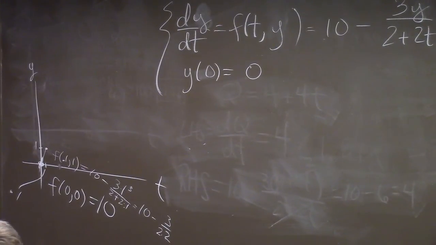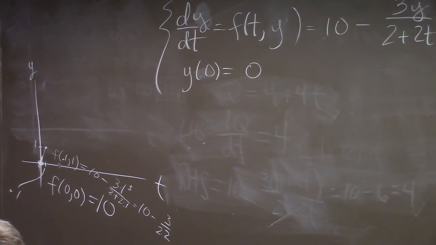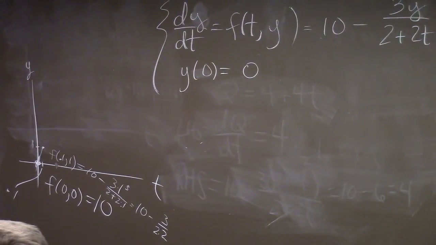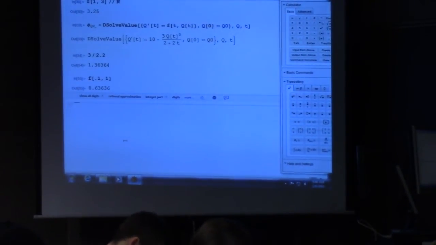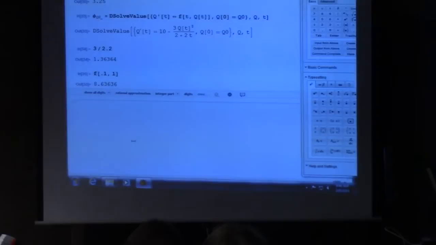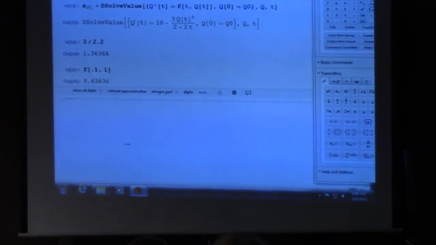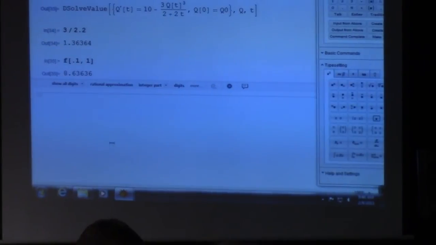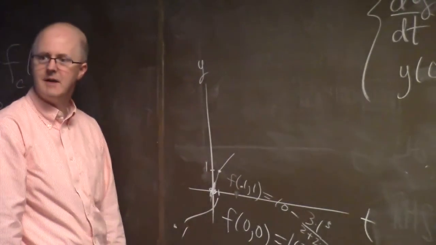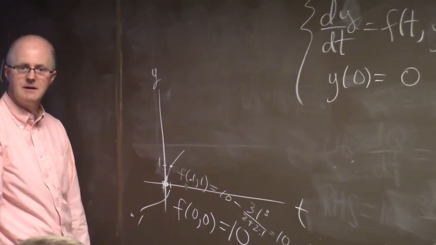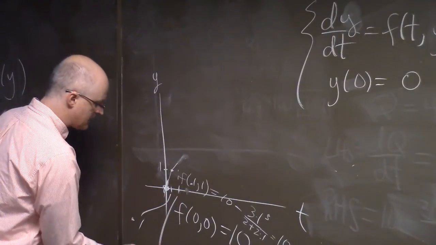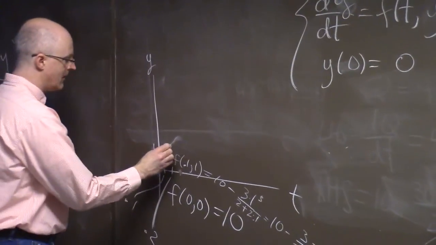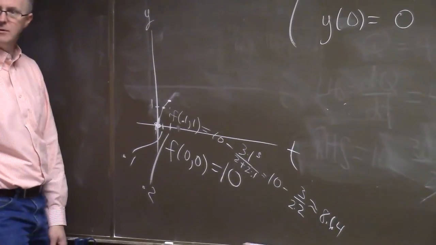Three divided by 2.2, about 1.36. In the end, this simplifies to about 8.64. So the slope mark at this point is not as steep. Not claiming to draw this perfectly by any means. Now go to t equals 0.2. Find that coordinate, whose first coordinate is 0.2.